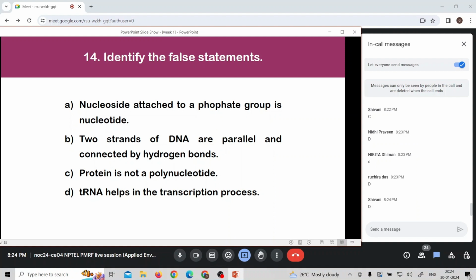Just a few minutes back, I told you in the previous questions that tRNA helps in the transcription process. While I was telling about the process, I'm just curious to know what is wrong in this B option. Just type which is the word that is wrong in the B option in the chat box.